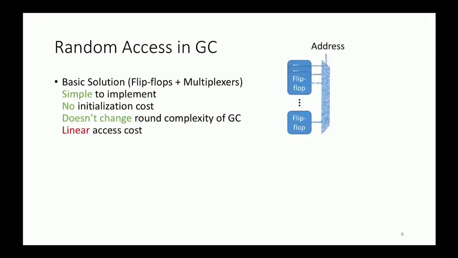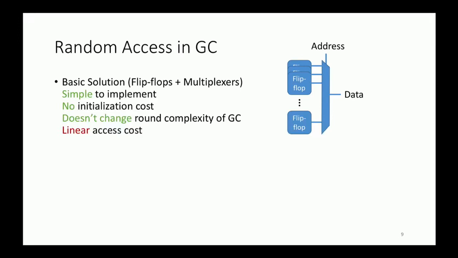Random access is a very costly operation in GC because at the same time we need to hide the access pattern, the address, and the data. The basic solution is to put a multiplexer inside the circuit that accesses each flip-flop. The control signal of the mux would be the address, and the output would be the data that we want.